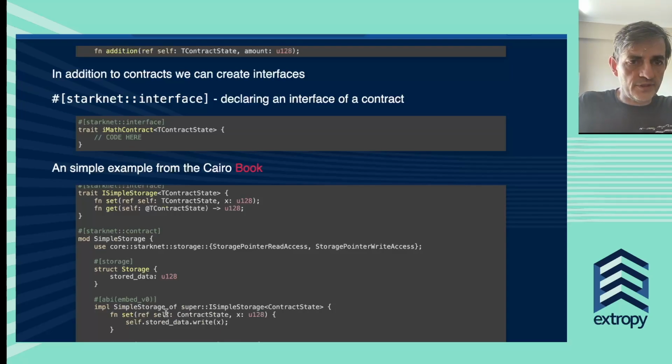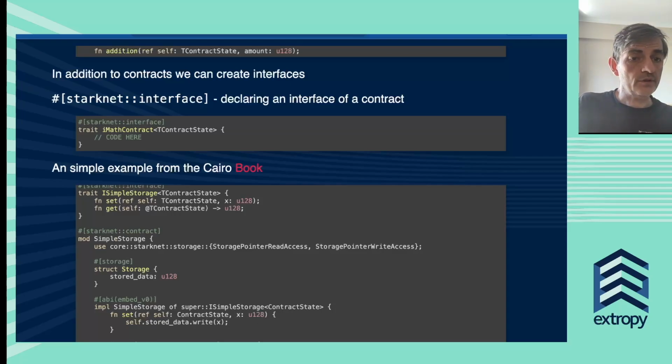That gives us the self variable, and then we can use the dot syntax here to get the relevant field from the storage. In this case, there's only one, but obviously there could be more than one. So we can use self.stored data that specifies this particular field, and then to change that, we can use the write method, and then we pass in the argument to that, which is the x value that was passed into our function.